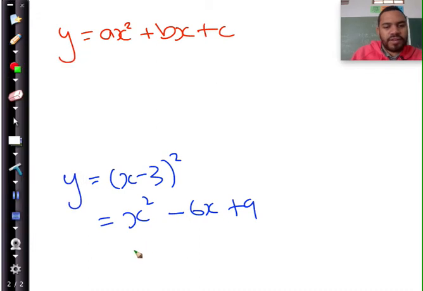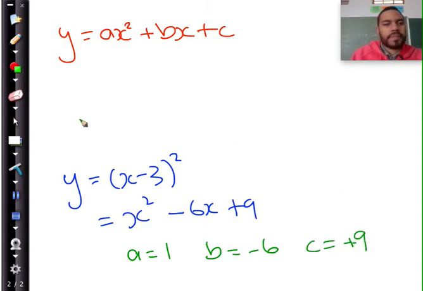What is a's value here? Right, b and c? Positive 9, right?